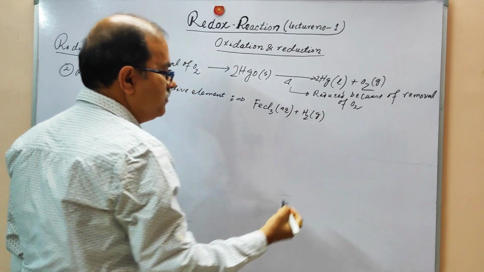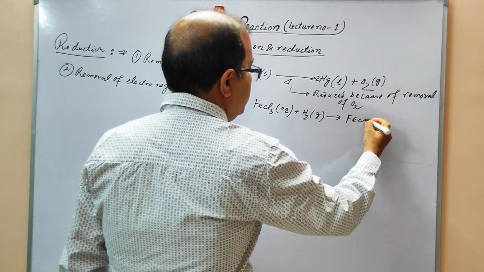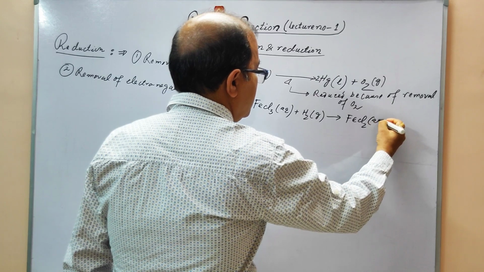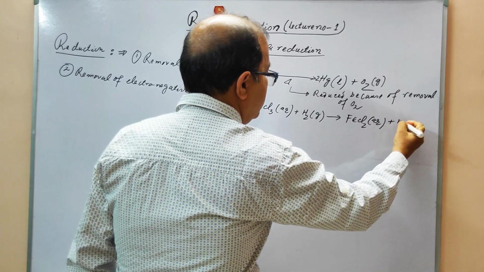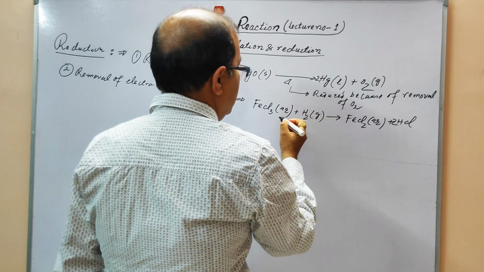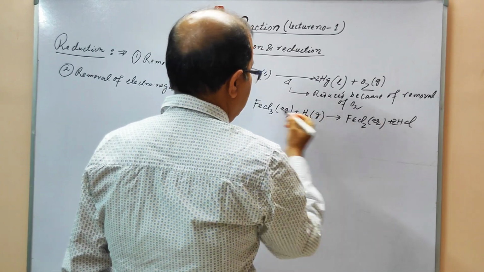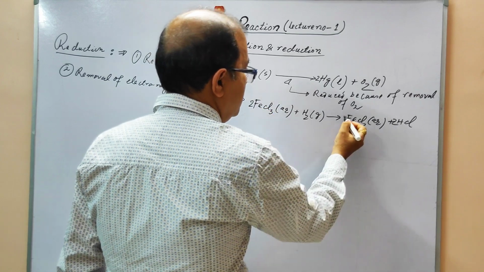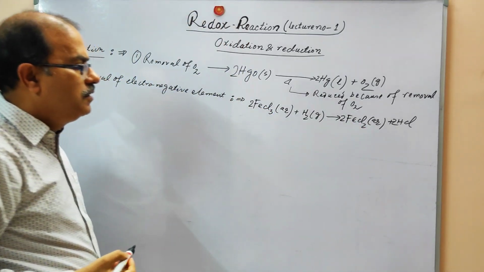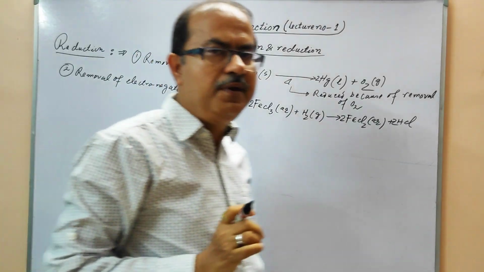Ferric chloride, when we react it with hydrogen, will produce the ferrous chloride, aqueous, and HCl. So, what is there? It is the removal of electronegative element.